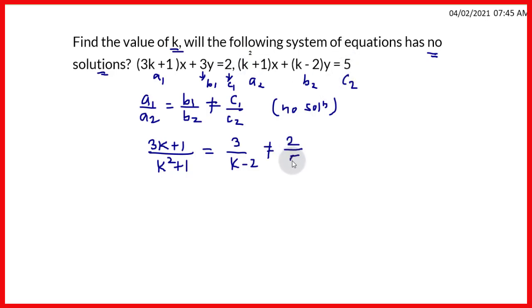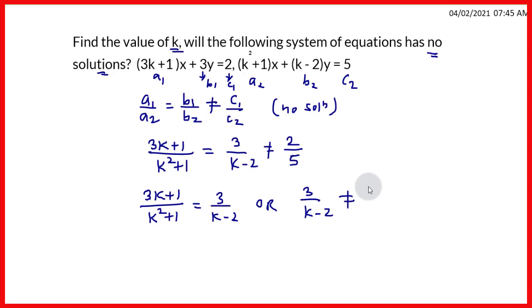Now here we get two conditions from these terms, that is (3k + 1) upon (k square + 1) is equal to 3 upon k minus 2, and 3 upon k minus 2 is not equal to 2 upon 5.